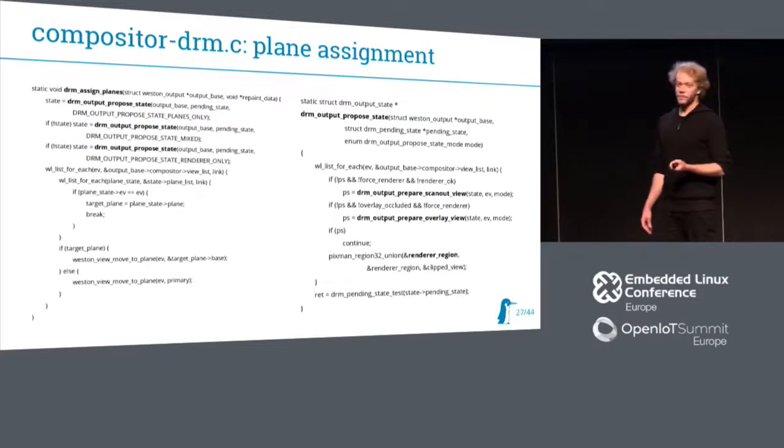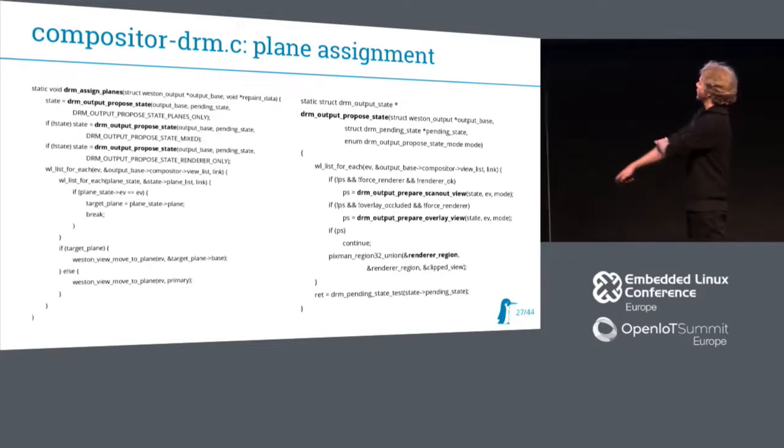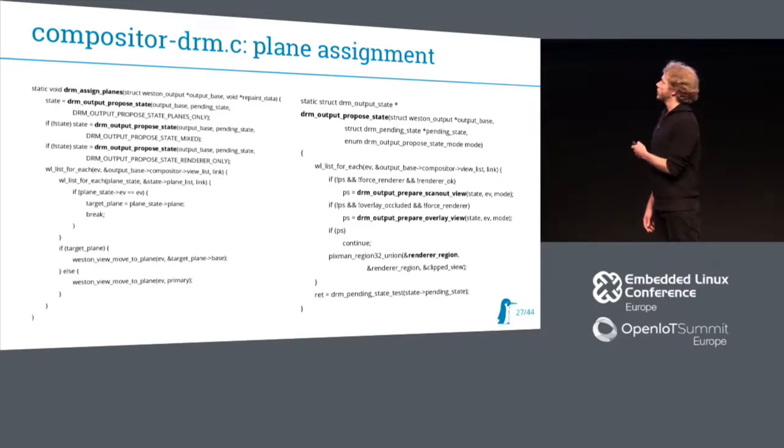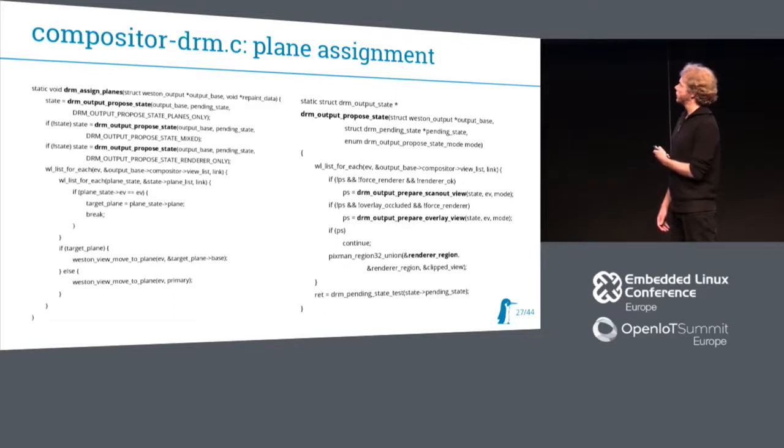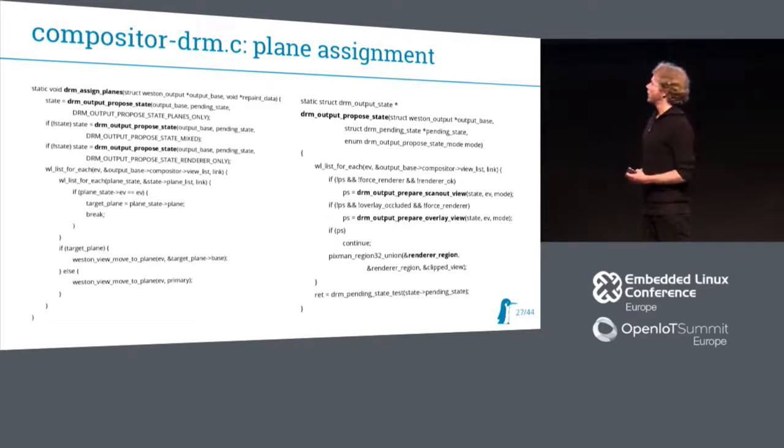Then I warned you. You can see here, at one step in the compositing, Weston assigns different plane states, and it tries different modes here. Once with planes only, then it tries to use planes and compositing in the renderer. And if all fails, it renders everything together.